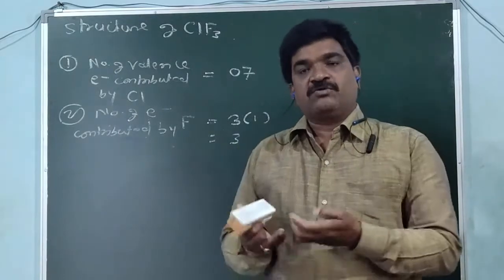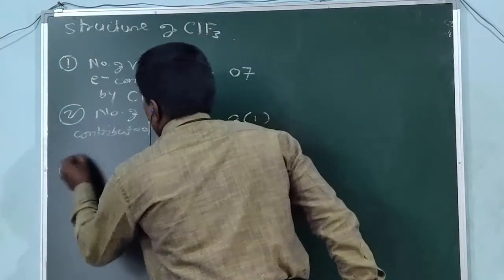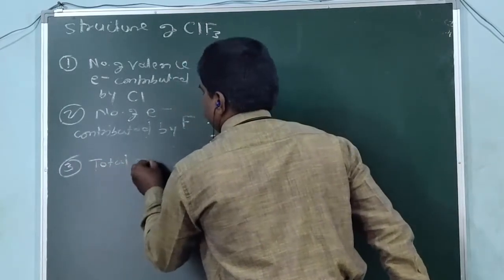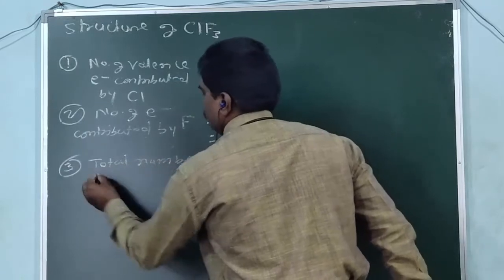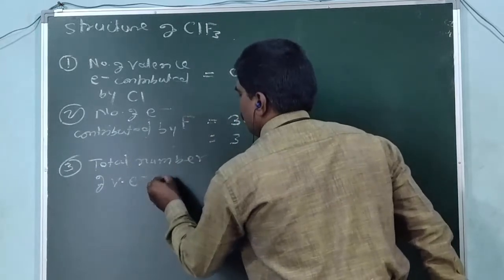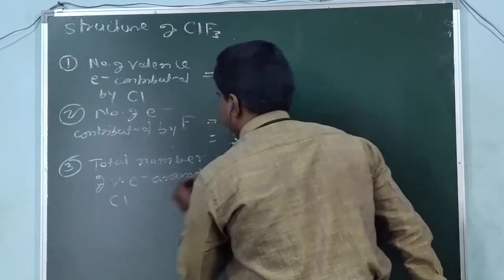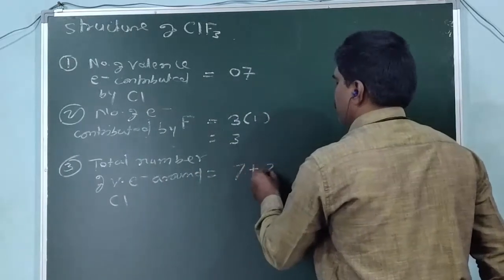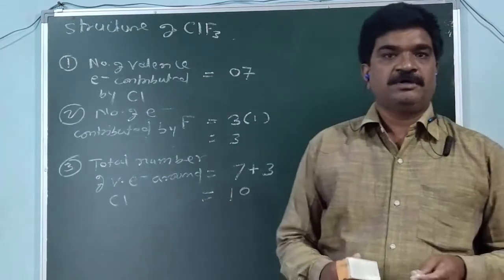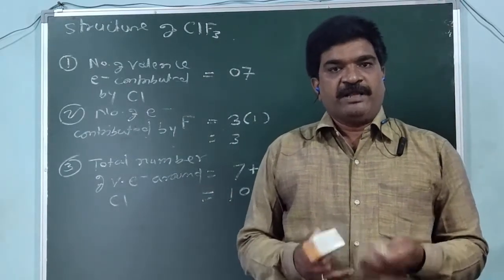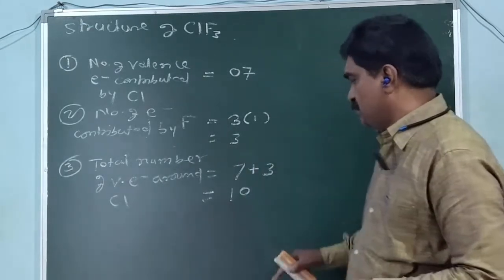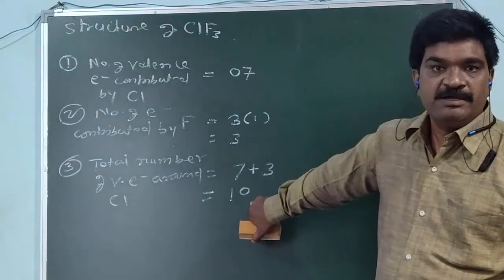Now the total number of valence electrons around the central chlorine will be equal to 7 plus 3, that's equal to 10. So here we can calculate the total number of electron pairs around the central chlorine, we have to divide this quantity by 2.